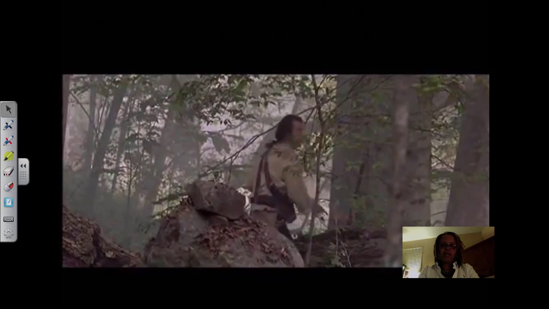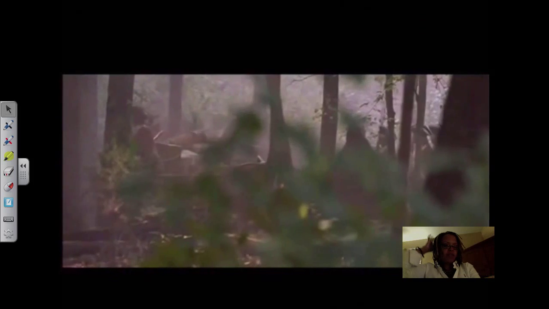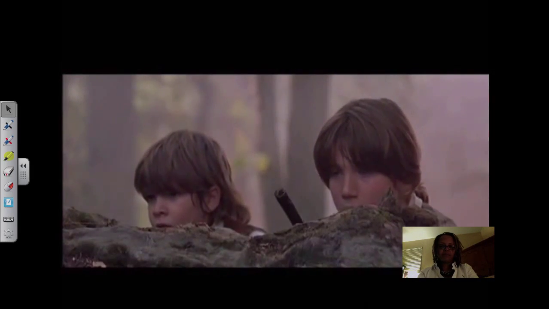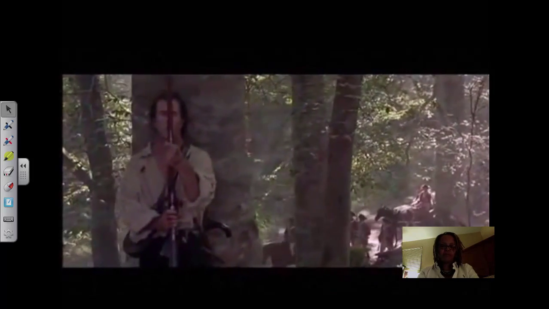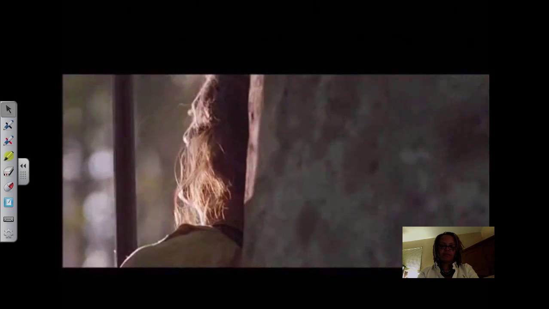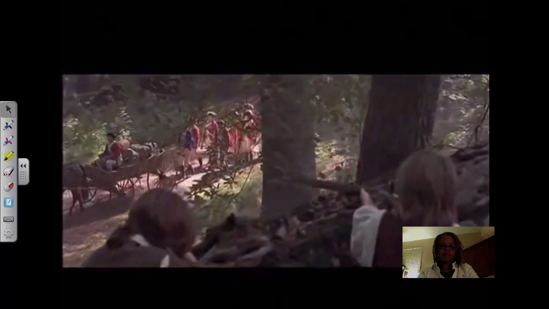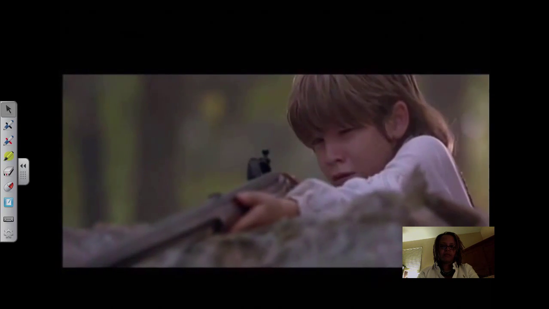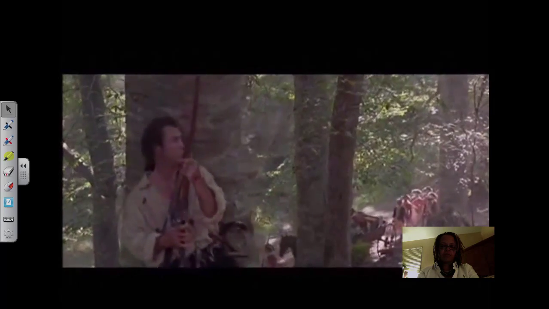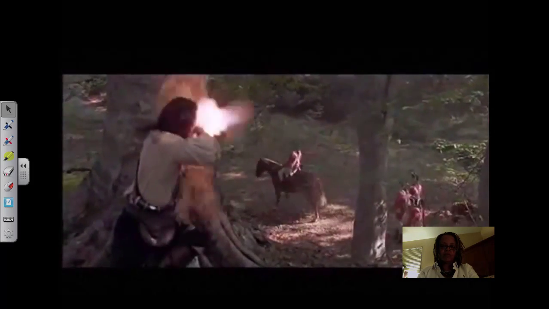Meanwhile, Mel Gibson and his sons are hiding up on a hill behind trees to surprise them. See, the soldiers have no idea where that came from.